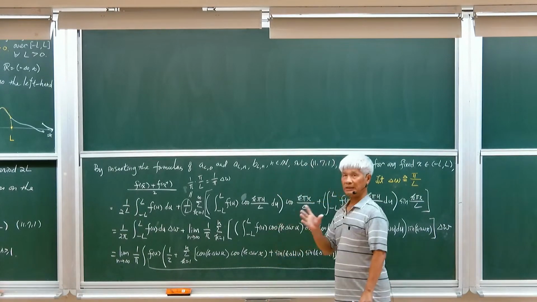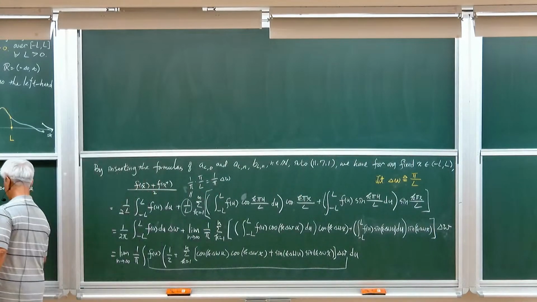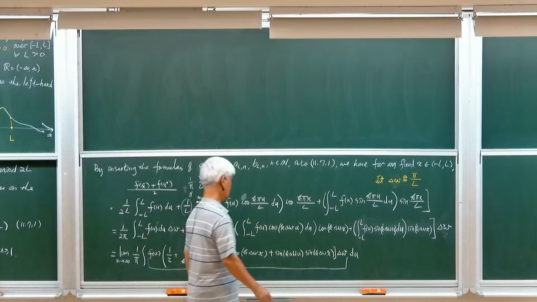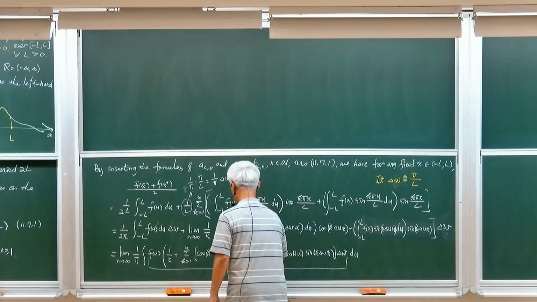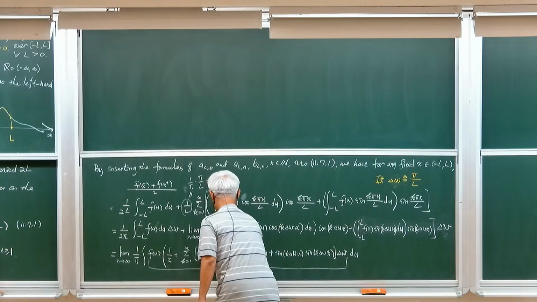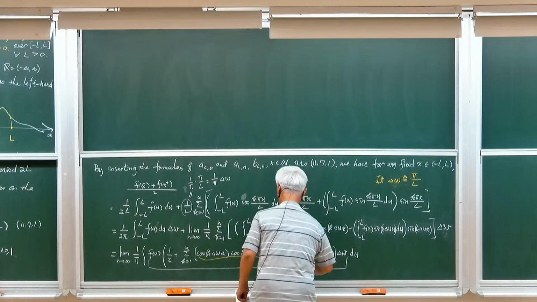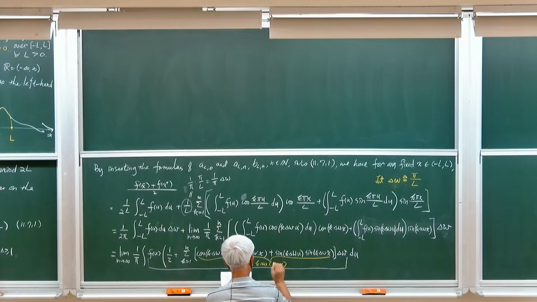Now we use the sum and difference identity from trigonometry. So this is equal to cosine of k delta omega times (u minus x).